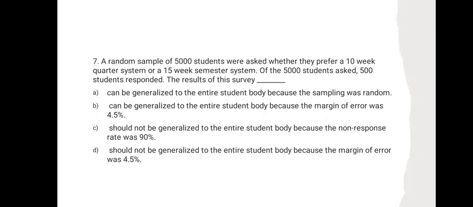The answer would be C, as you clearly see that out of 5,000 students, only 500 responded. So the results should not be generalized to the entire student body because the non-response rate was 90%.